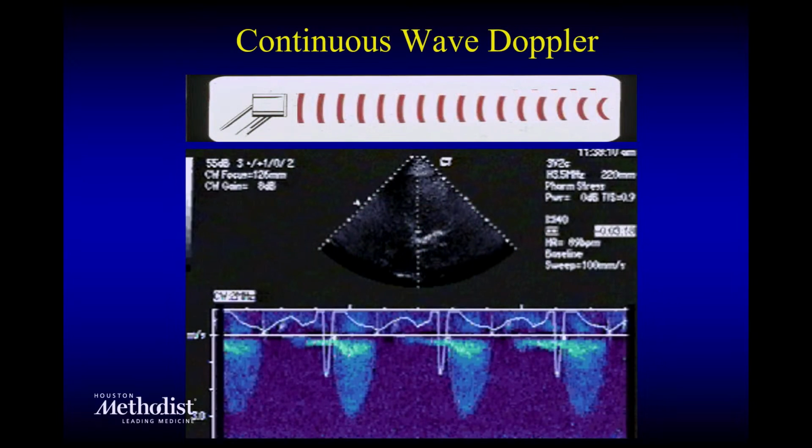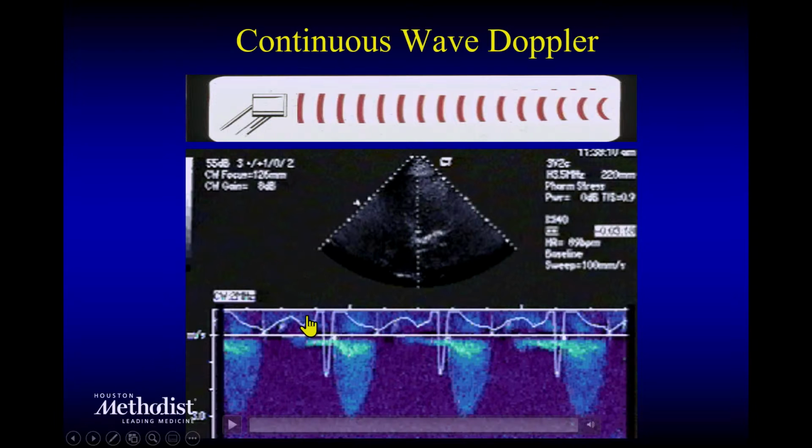Talking about continuous wave Doppler, the difference here is obviously, just like the word says, you're sending from those crystals continuously an ultrasound beam, and you're recording the frequency shifts at the same time in that crystal that is dedicated to one sending versus receiving. And that's why with CW you don't have aliasing.